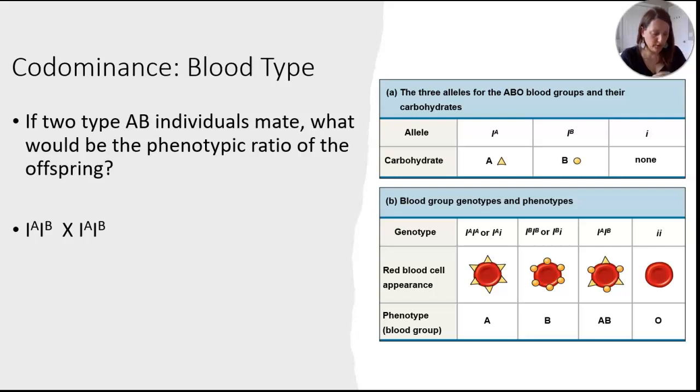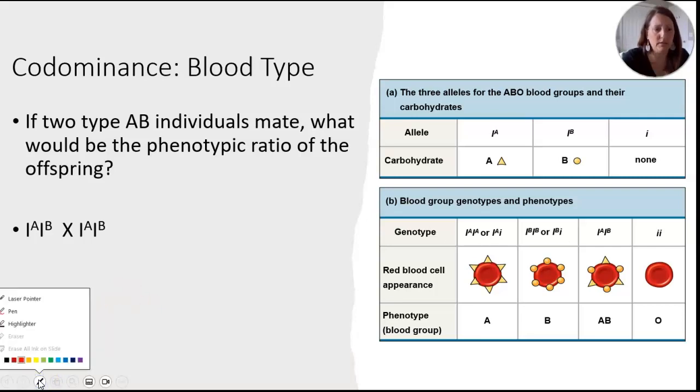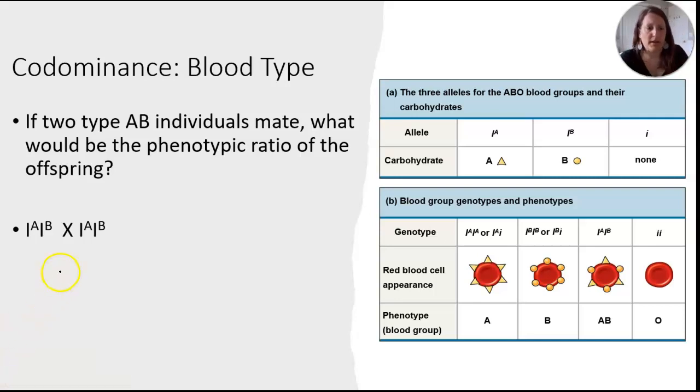Go on to the last example here. I want to quickly do a cross with you. You'll have to do this in lab and in lecture, and so I want to make sure that you can do that. So let me grab my pen here. We'll do black. Okay, so I'm going to cross an individual who is type AB.